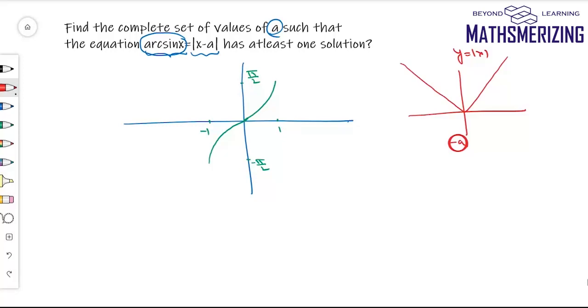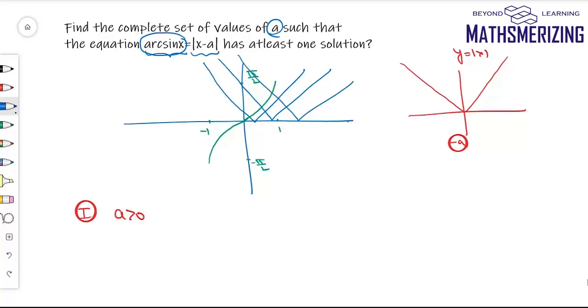So there'll be two cases. Case 1, when a is a positive number. Now when a is a positive number, if I draw mod x minus a, then I can shift the graph to the right. I'll keep shifting the graph.